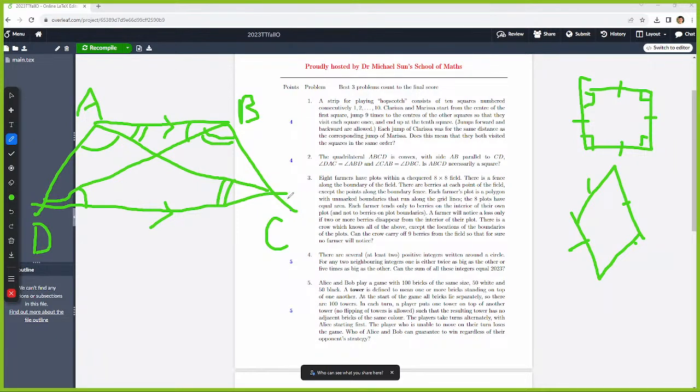Have you heard of a trapezium? Yes. So this is a trapezium, yeah? Okay, but there's a bit more to it than just being a trapezium. This is what's called an isosceles trapezium.